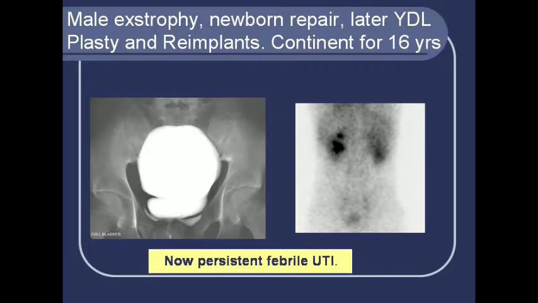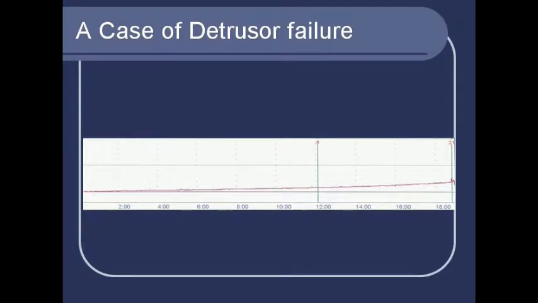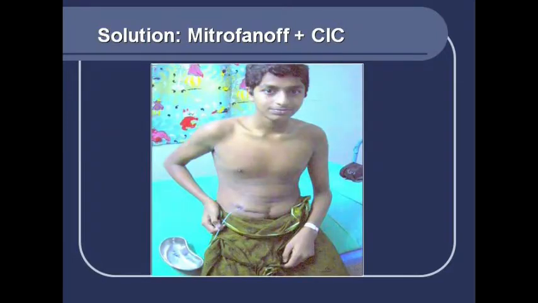And he has no reflux, and the kidneys are looking moth-eaten, and he has a tremendously large bladder. So this is another reaction to the artificial obstruction which we have created. CMG shows a very flat curve. Only solution is Mitrofanoff and CIC.